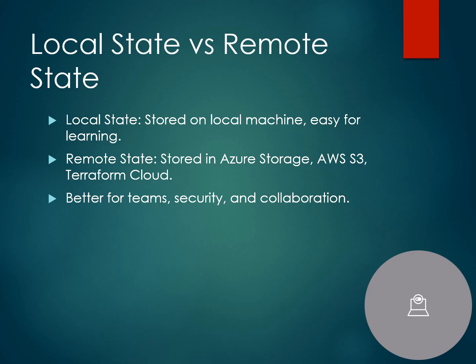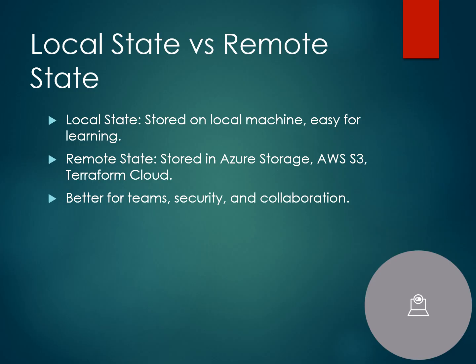We generally go for remote state, that is, Azure storage, AWS, or Terraform Cloud, to avoid some issues that would occur, which we will discuss further. So we have local state storage and remote state storage. Local state can be stored on a local machine and is easy for learning, while remote state needs to be stored in Azure storage, AWS S3, or Terraform Cloud, and is better for team security and collaboration.